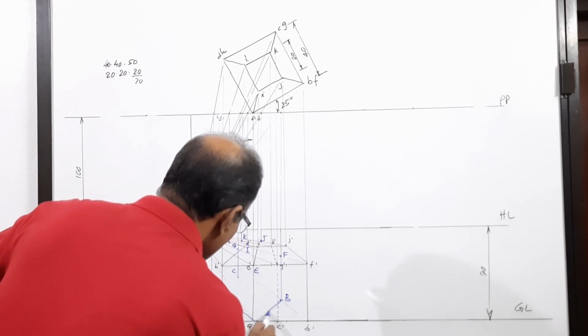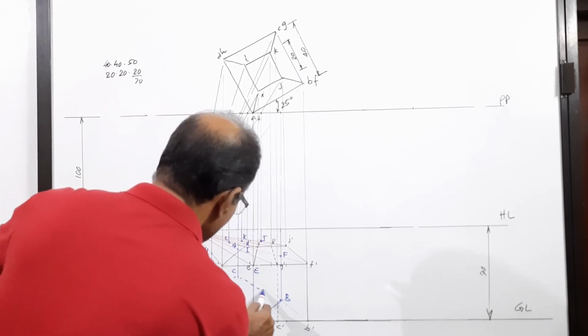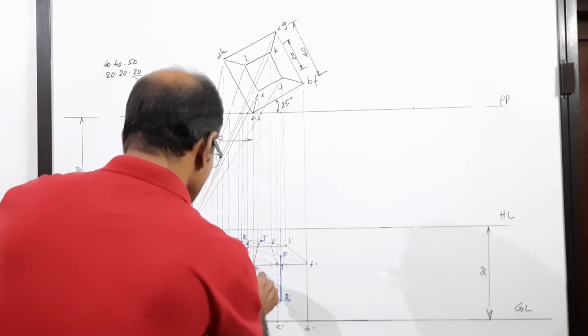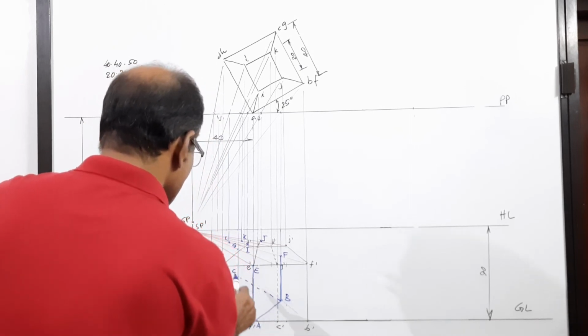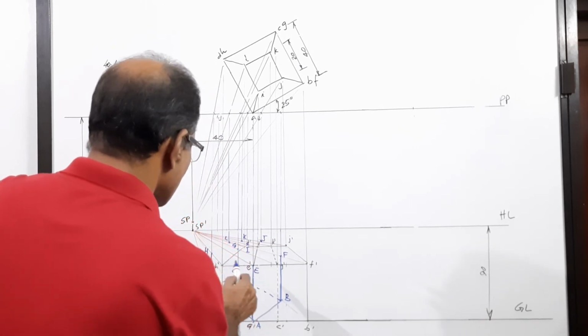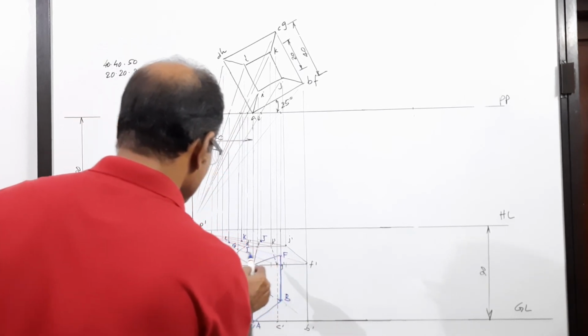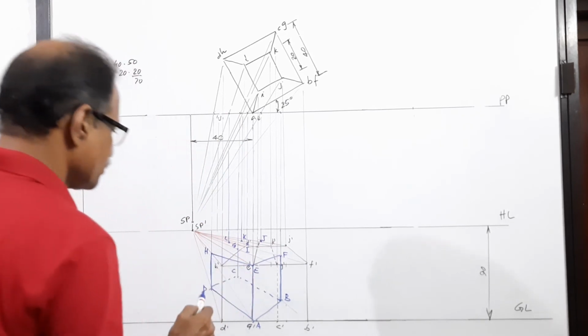AD, AB, CD dotted, BC dotted, BF is firm, AE is firm, BH is firm, EF is firm, EH is firm.